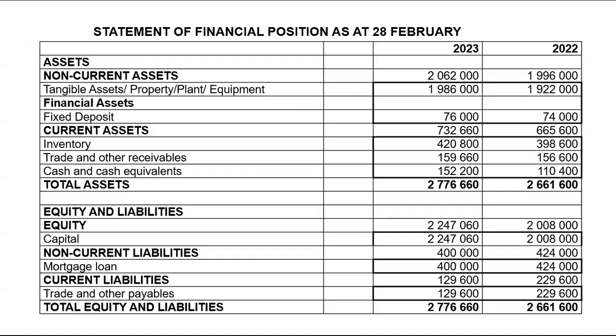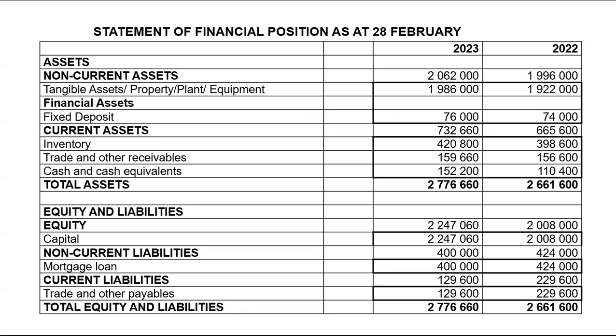Your total assets for 2023 were 2,776,660, and your total liabilities for 2023 amounted to 400,000 plus 129,600. That will be 529,600.